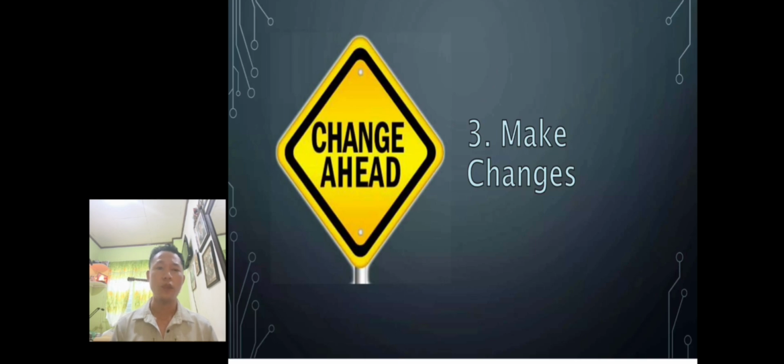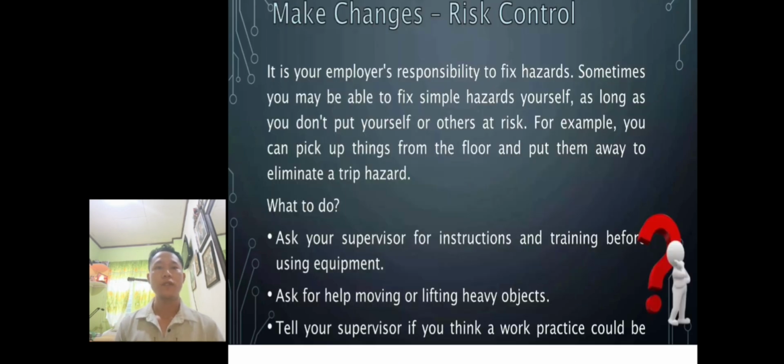After you address that, you need to make changes. It is your employer's responsibility to fix hazards. Sometimes you might be able to fix simple hazards yourself, as long as you don't put yourself or others at risk. For example, you can pick up things from the floor and put them away to eliminate a trip hazard.